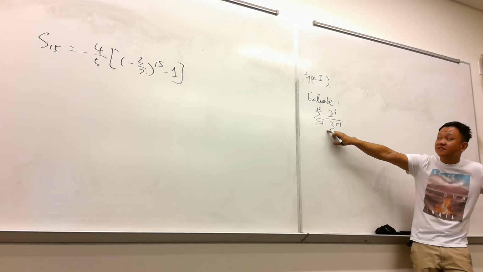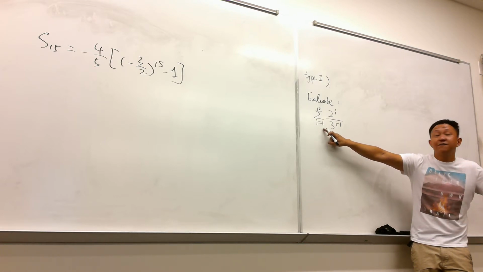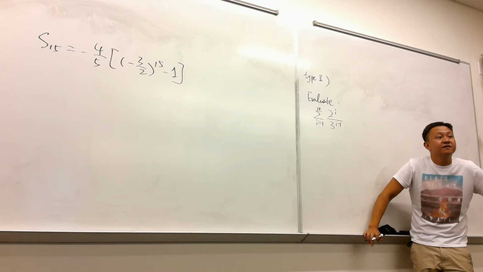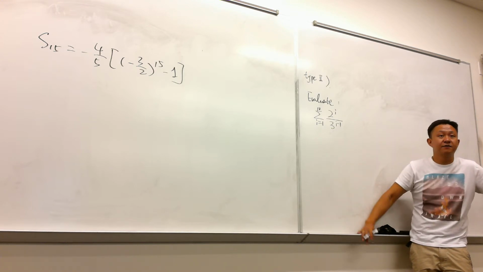And what this question is asking is to find S sub 10, I from 1 to 10. So it's asking you to find the sum of the first 10 terms of this geometric sequence. The general term is given by this formula. With me, guys?